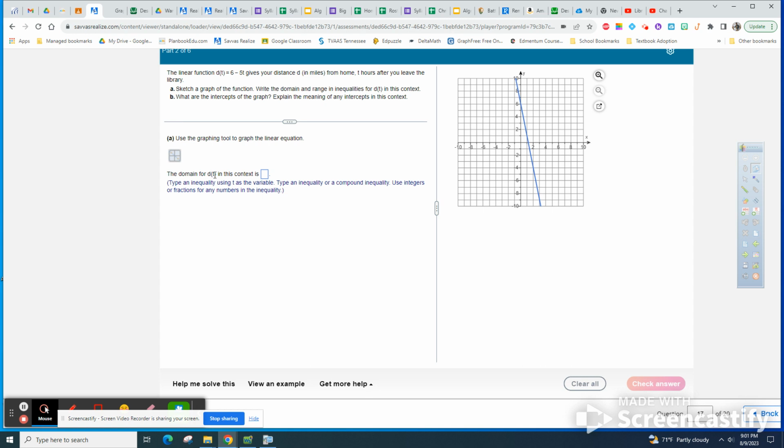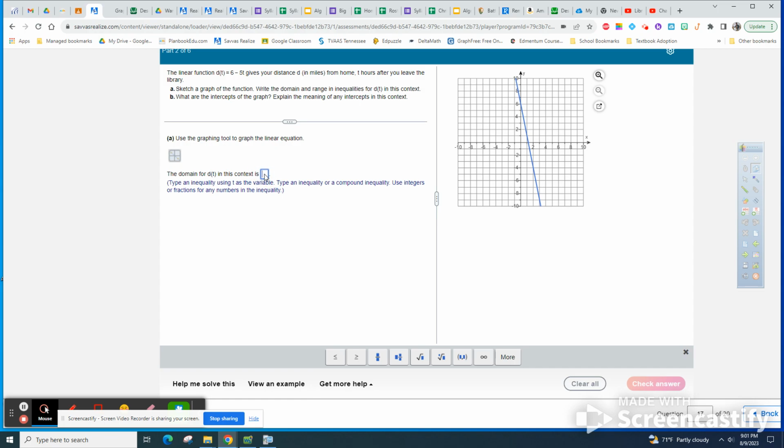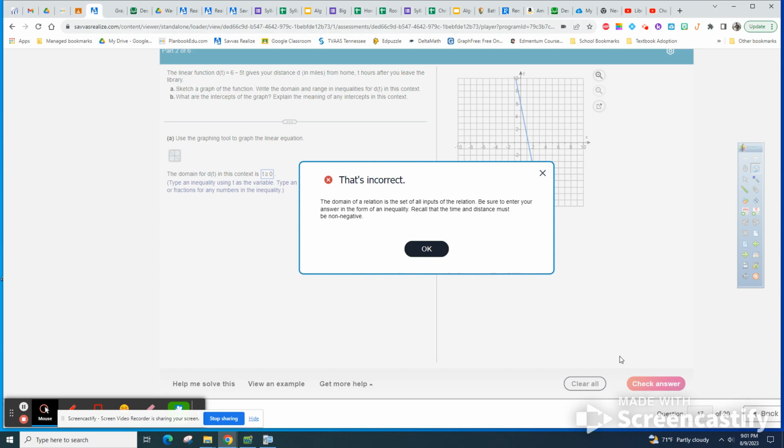The domain of t in this context is t greater than or equal to 0, because we can't go backwards in time. Let's see how we do with that. And notice it says inequality. So we're using the inequality notation. It says it does not like that.